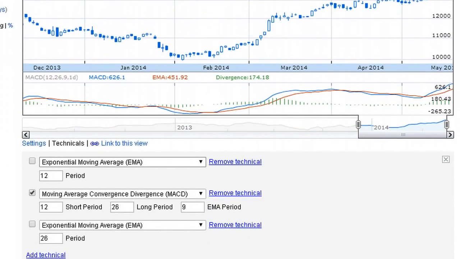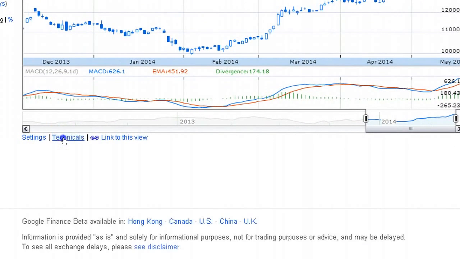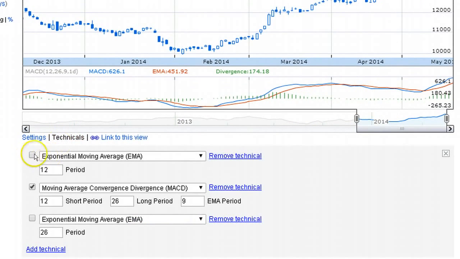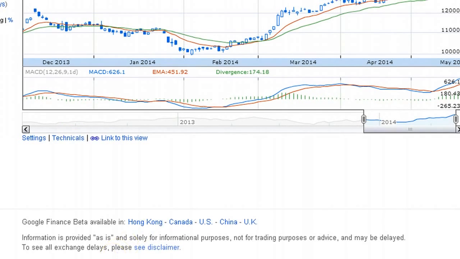At the bottom, in the technicals here, you can go in and choose the EMA, 12-day EMA and 26-day EMA. For MACD, the default periods are 12, 26, and 9. These values come in by default. Once you add it, you'll get the technical indicators coming up on the chart here.